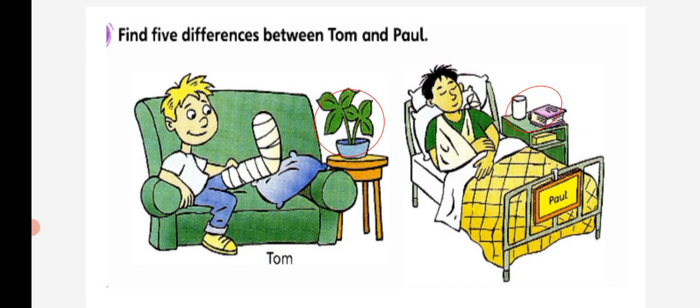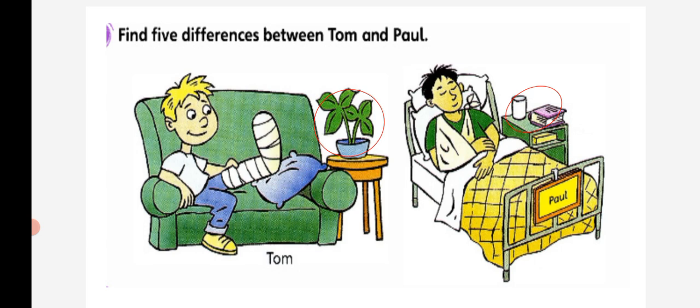Then let's move on to certain things that are around them. If you look next to Tom's sofa, you can see a small round table with a plant on it. But if you look at the thing next to Paul, you see a cupboard with a book and a glass of milk.